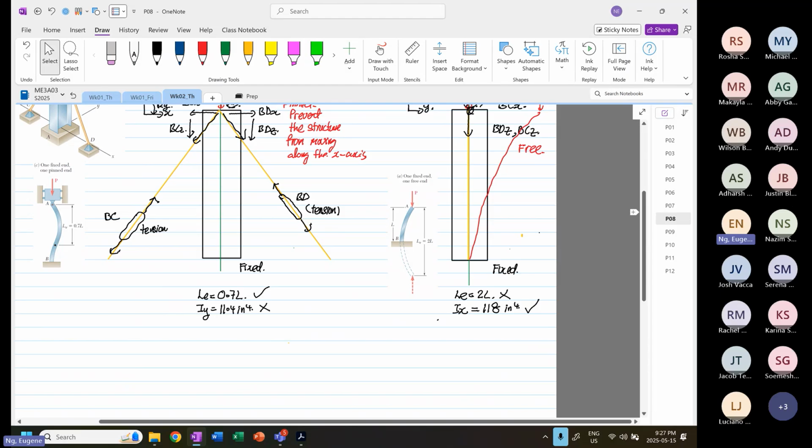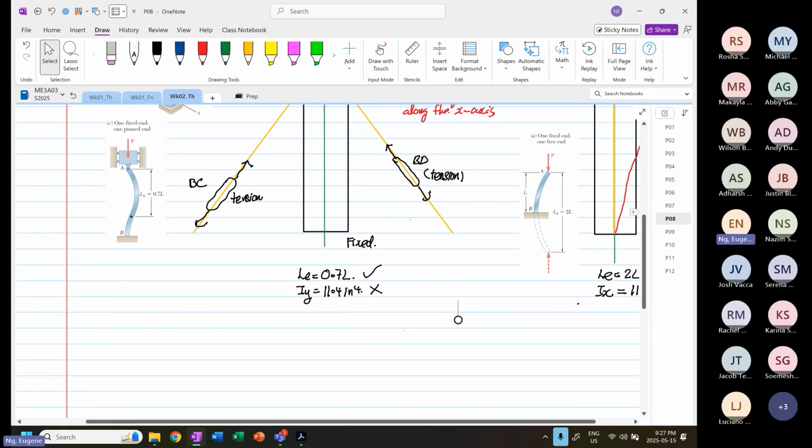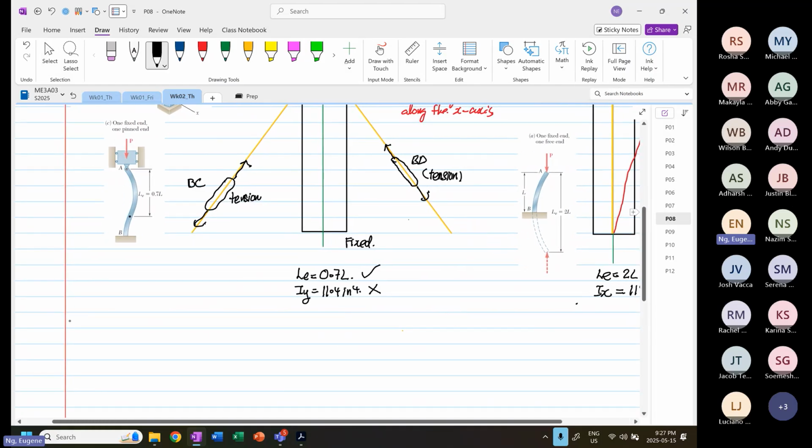Okay, so let's recap. We are given that P is equal to 15 times 10 to the power 3, and we are given factor of safety is equal to 2.2.